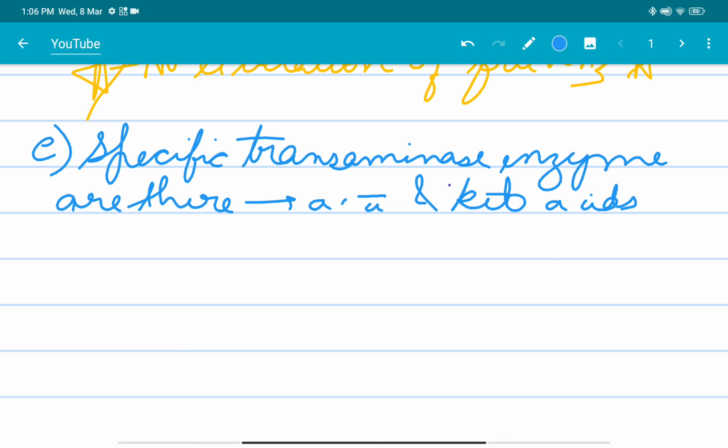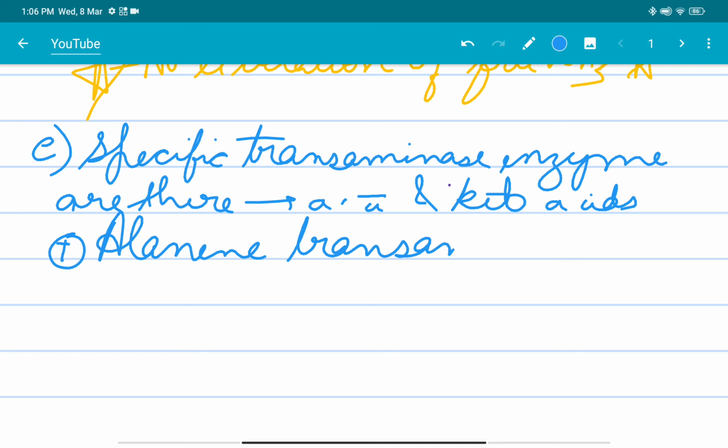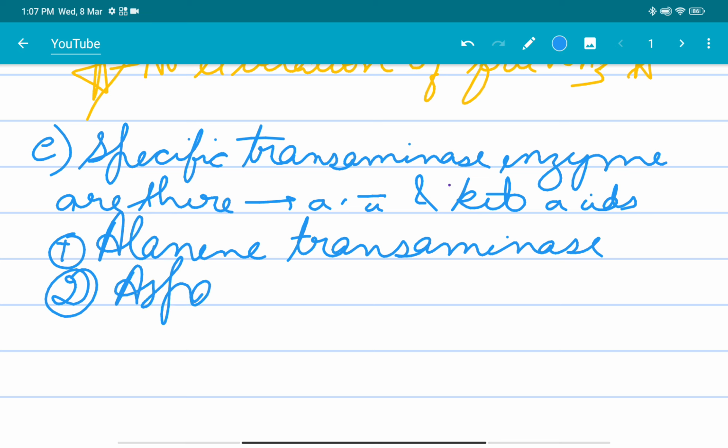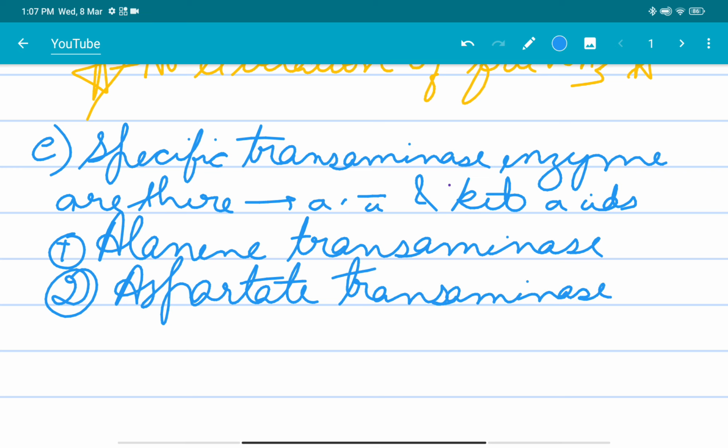But we have two transaminase enzymes which are very important in biochemistry. The first enzyme is alanine transaminase and the next enzyme is aspartate transaminase. These two transaminase enzymes are very important.